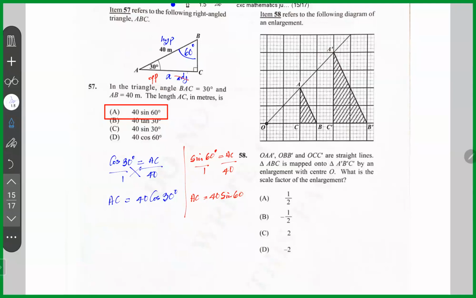ABC is mapped onto A prime, B prime, C prime by enlargement center O. What is the scale factor? The scale factor K would be equal to C prime B prime, the length of one side on the image, over CB, the length of the corresponding side on the object. So this is 2 over 1. It is 2.